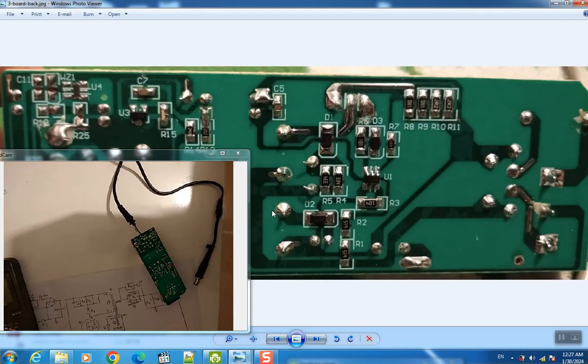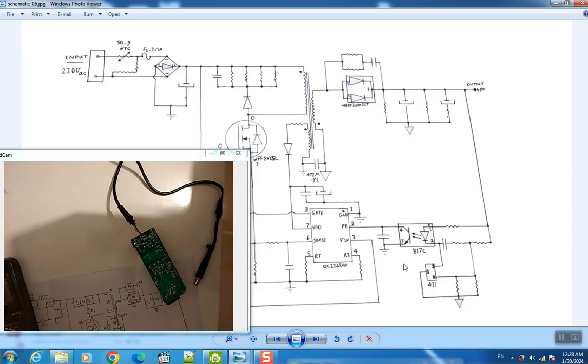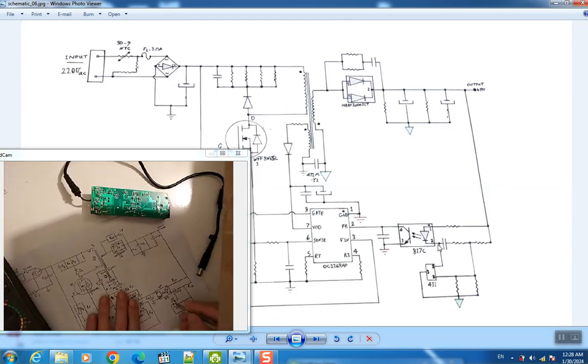And this capacitor C7, which connects to pin number 2 of unit 3, is this one. So this is C7, and I can write down C7 here, C7 and C5, and try to find other units on the board.